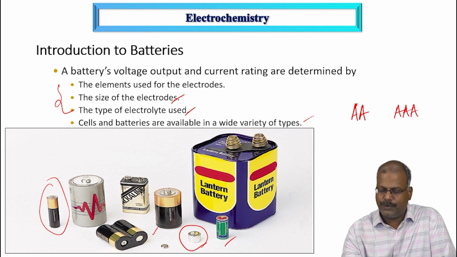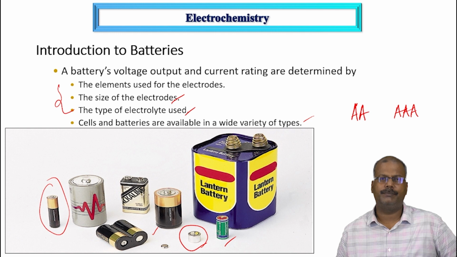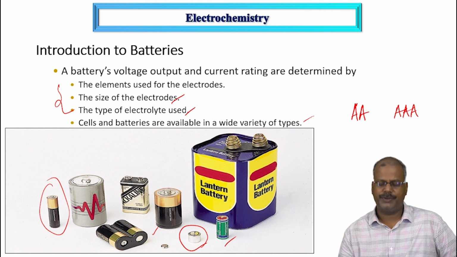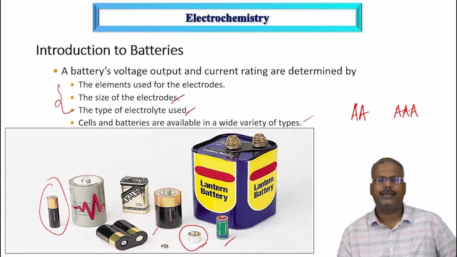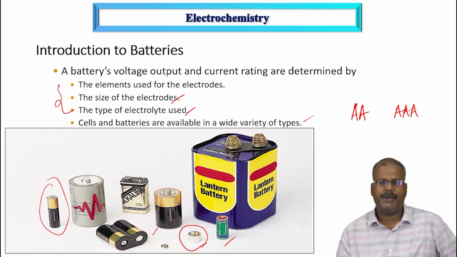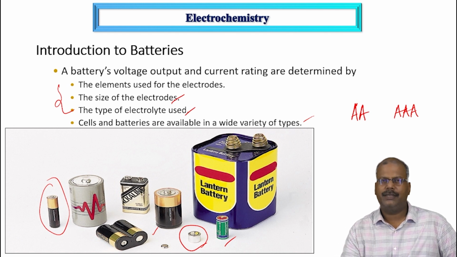For torches we use slightly bigger batteries. For remotes and other things we use slightly smaller batteries. So we have seen in our day-to-day life one-time use batteries, Panasonic or any other primary battery, which we use for 4-5 months and then throw away.